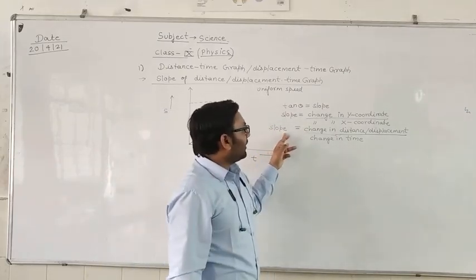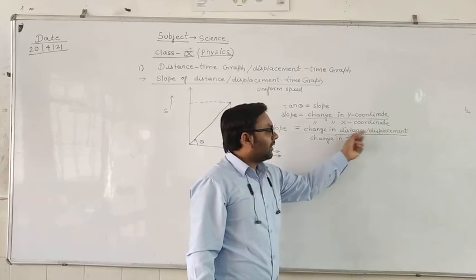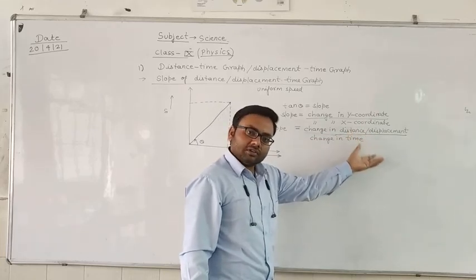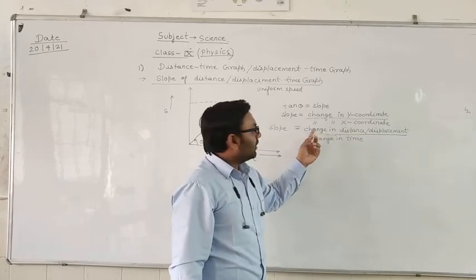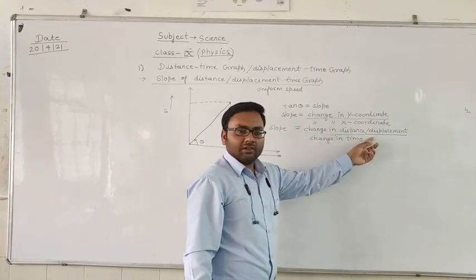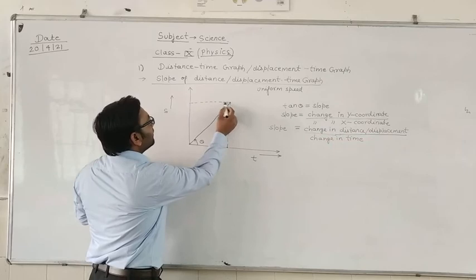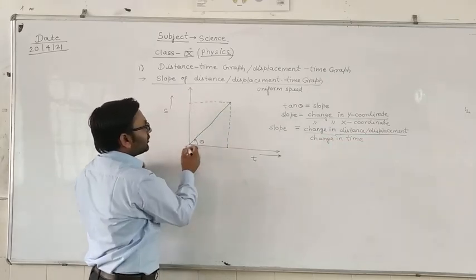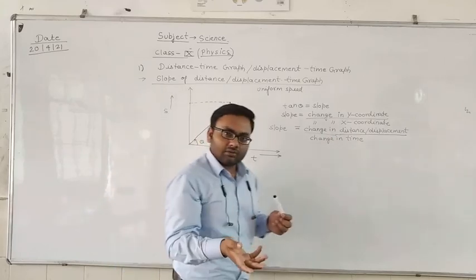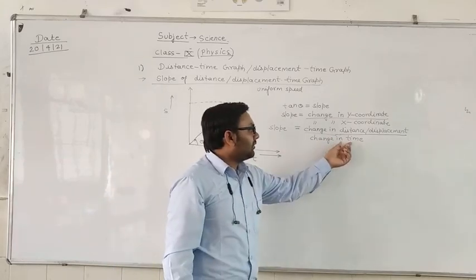And what will we get from the slope? The change in distance means final distance minus initial distance, so when we subtract these two we get only distance. And change in time means time.